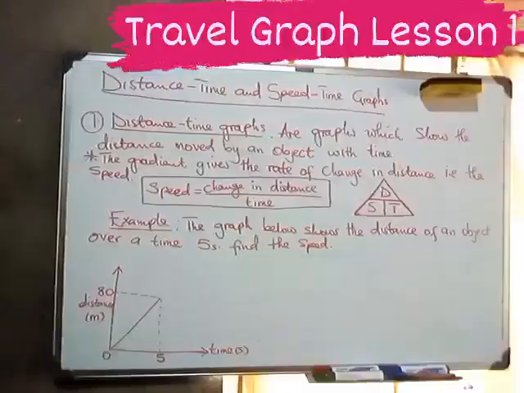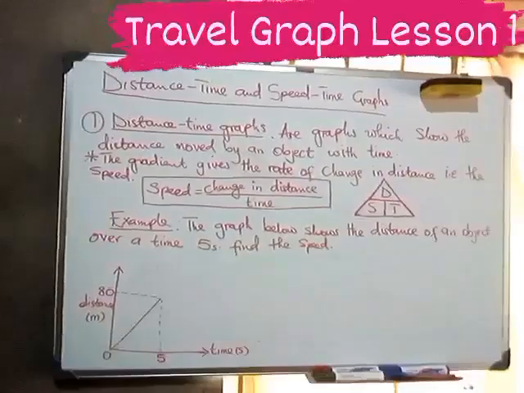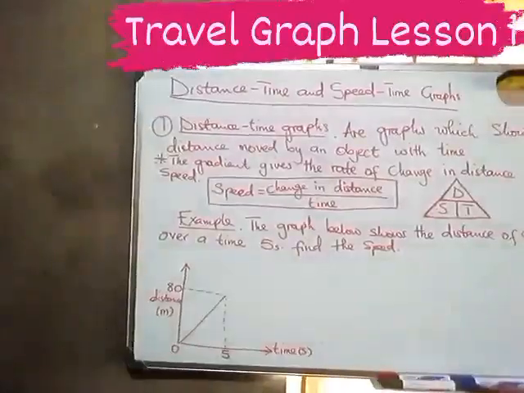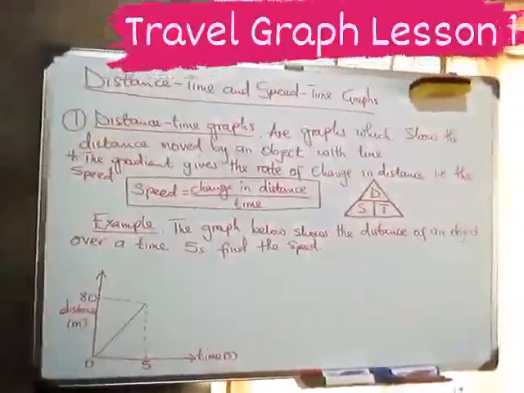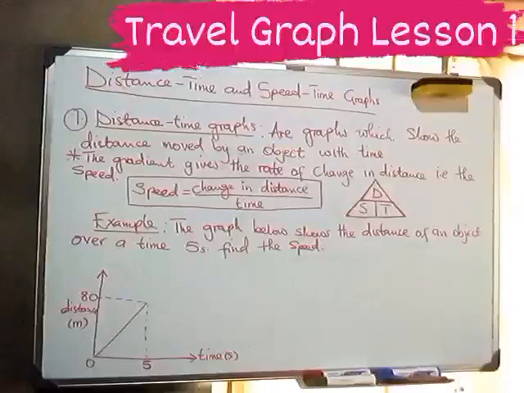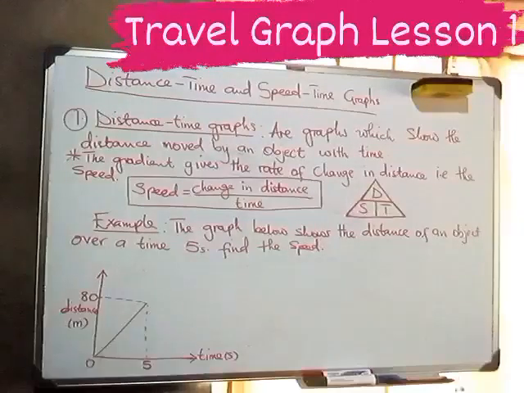So these graphs, they normally form a gradient. When you're looking at the distance time graph, when you have a gradient, we are talking about the steepness of the graph itself.